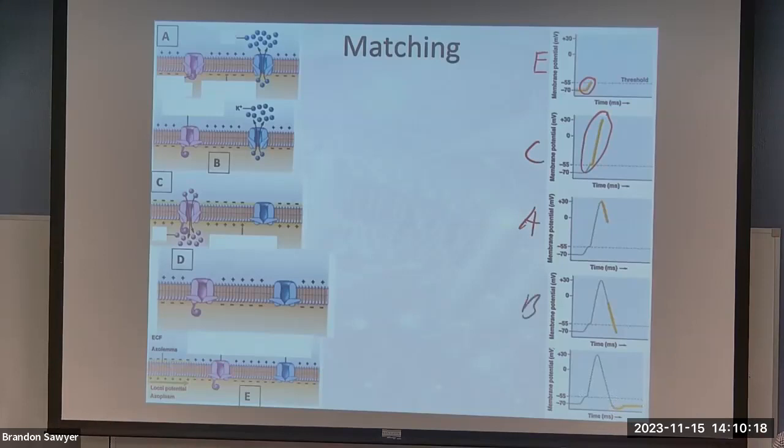And so we're going to probably see that in B. And then this one's really looking at the new resting state, which would be that one, D. Okay. Questions on that? And these are things you can use to help you study along the way as well. Cover up those answers, and yeah.